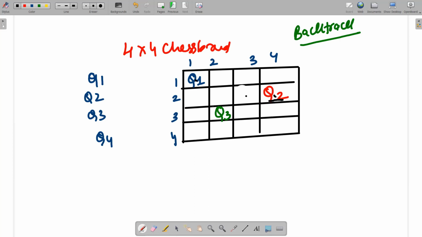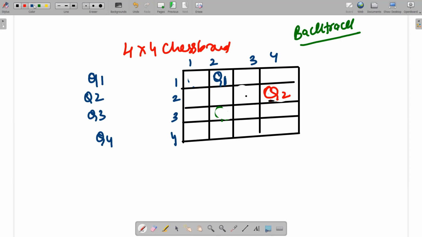So let's put Q1 over here and try to put Q2. Q2 cannot be put over here, here, and here. Why? Because these are diagonal, vertical, and diagonal attacks. So I'm retaining Q2 at the last position.